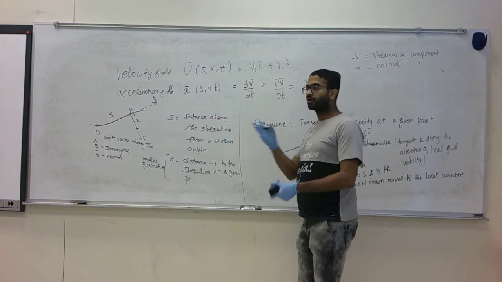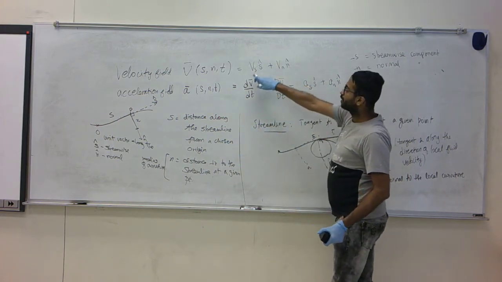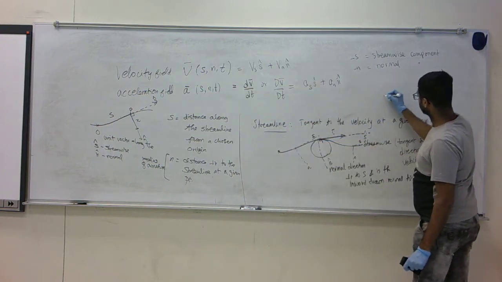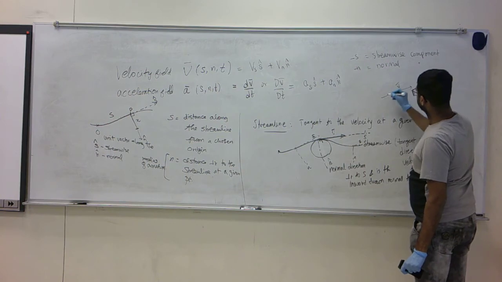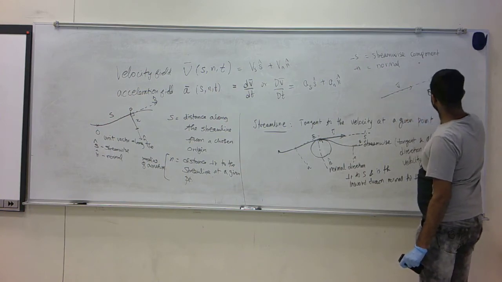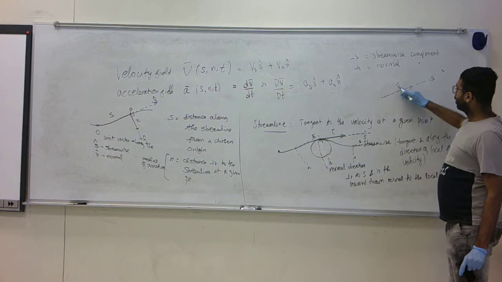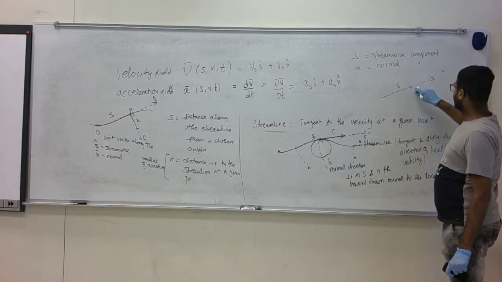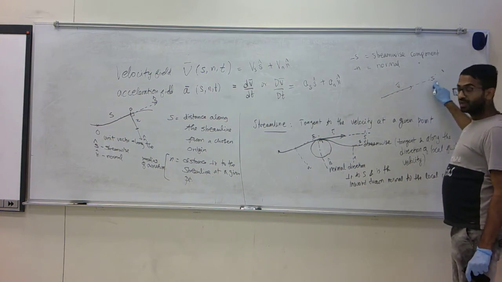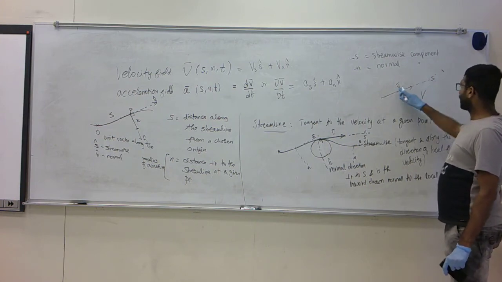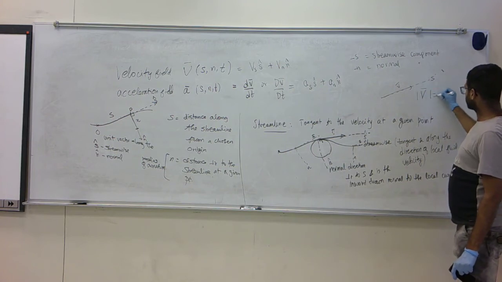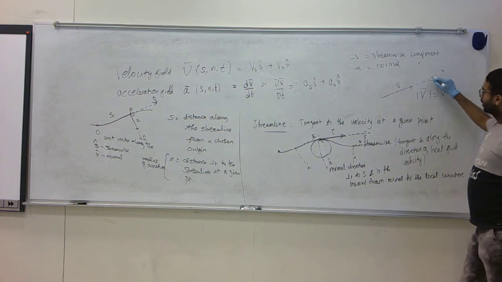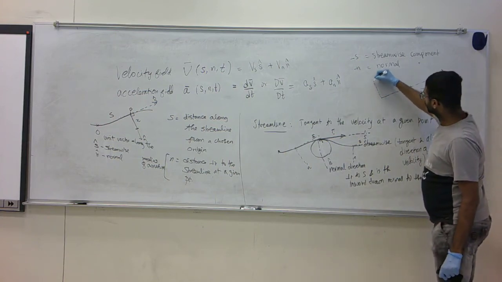So you have the velocity here and the streamwise direction here, which means the entire magnitude of the velocity, V, is directed along S, and there is nothing directed along the normal direction.